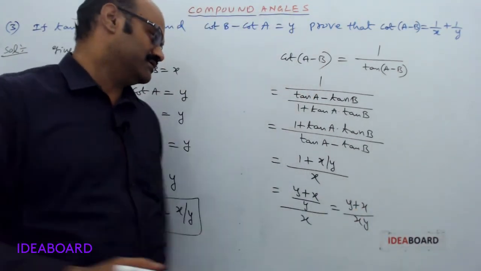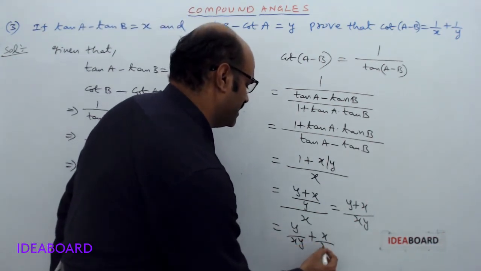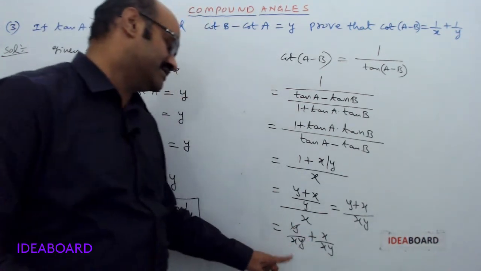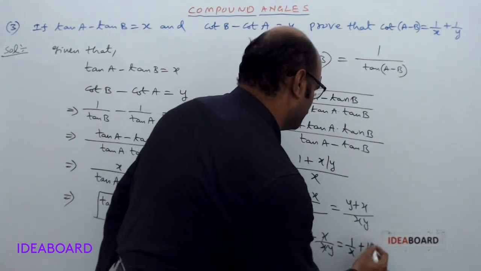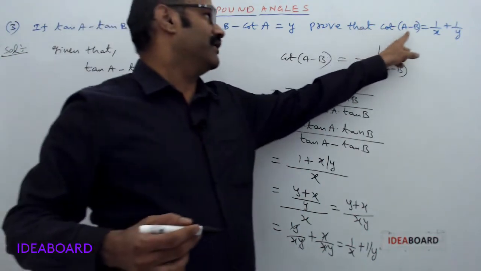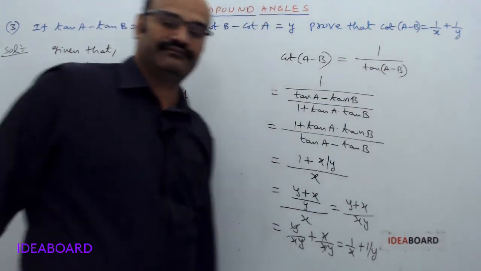Now separate: y by xy plus x by xy. It implies y cancels, x cancels. So we have 1 by x plus 1 by y. Here we have to prove that cot of a minus b equal to 1 by x plus 1 by y. Hence proved.